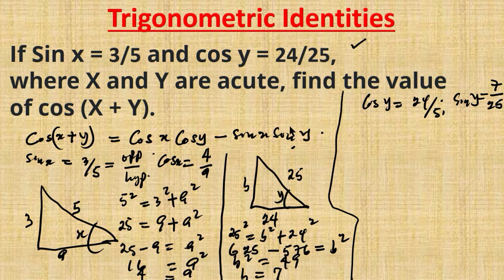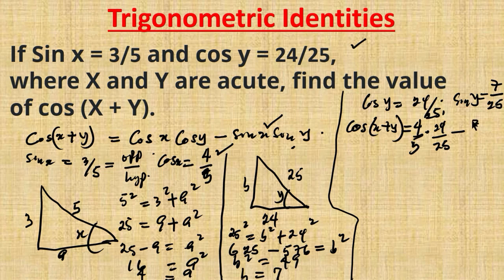Now, remember we agreed that cos(x + y) is equal to cos x cos y minus sine x sine y. So that cos(x + y) now will be the same thing as cos x. Cos x is 4 over 5. No, this is 5, not 9. That's equal to 4 over 5 times 24 over 25 minus sine x.